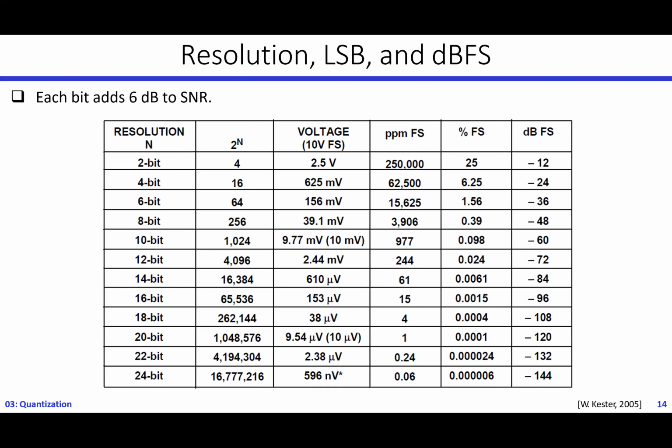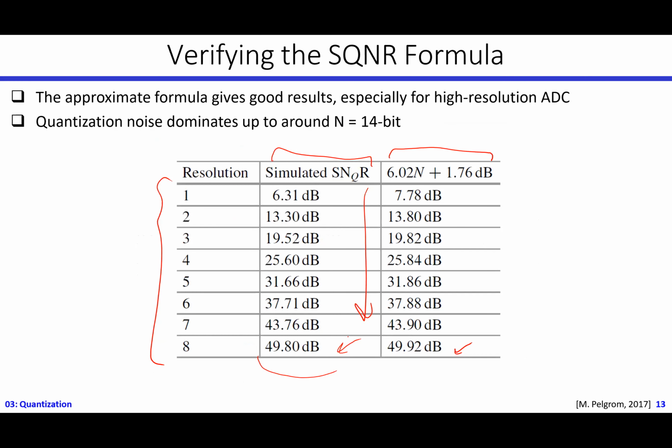Now, when I go to higher resolutions further, the problem becomes that I am not dominated by quantization noise anymore. There are other types of noise that come into play, an important one being the flicker noise or the thermal noise. What is the thermal noise?